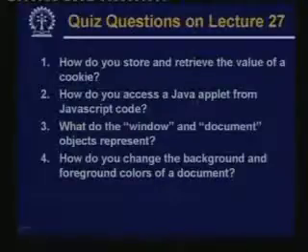Here we have seen that the first part is easier, but the reverse is not so easy and is a non-standard thing. So, accessing a Java applet from JavaScript code is fairly straightforward. What do the window and the document objects represent in JavaScript? How do you change the background and foreground colors of a document?